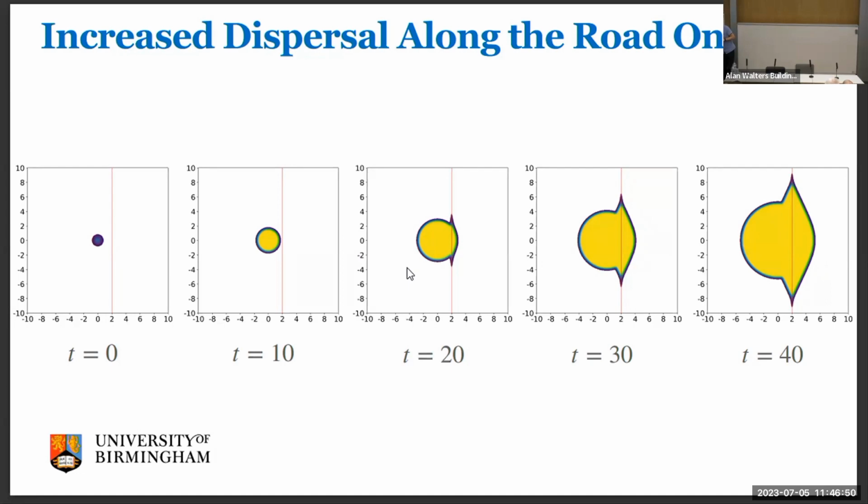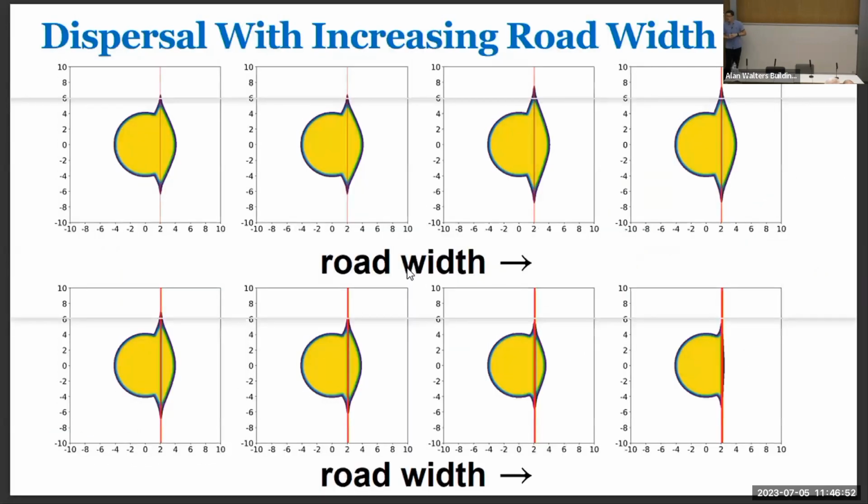And what's important here as well is another thing we observe: if we have this increased rate of invasion, and we now look at the width of the road, if we just increase the width of the road, we actually reach a point, let's say in the third or fourth image here, where we have a maximal rate of invasion in the domain.